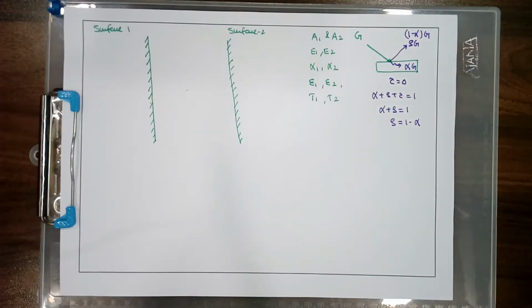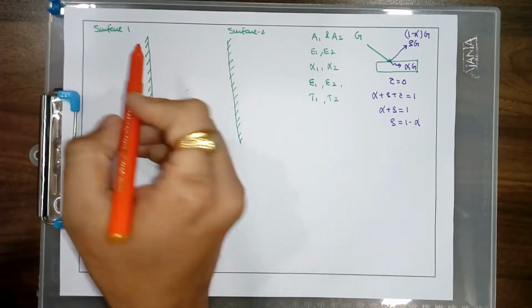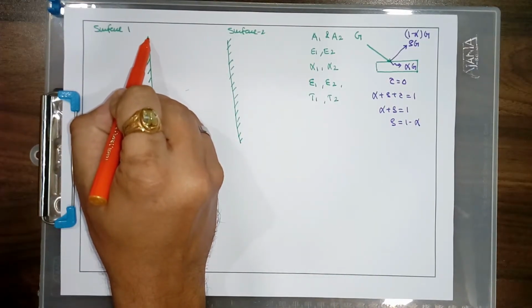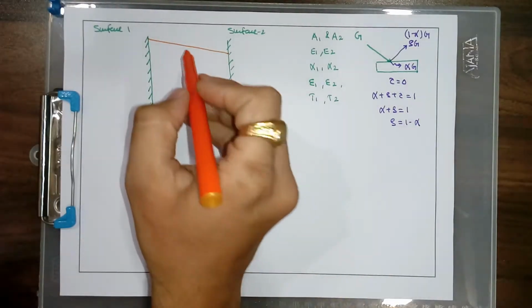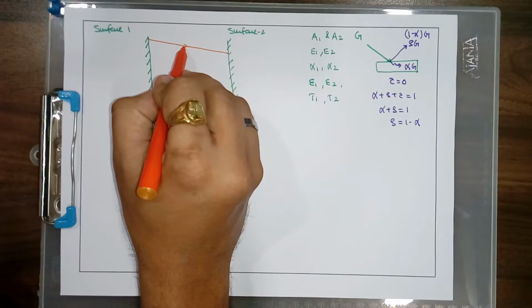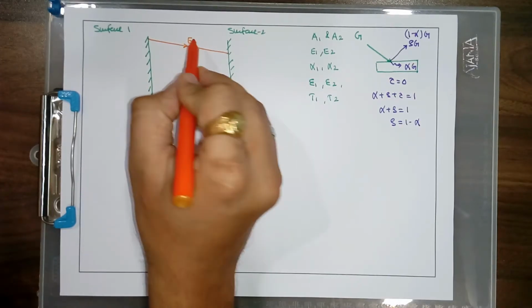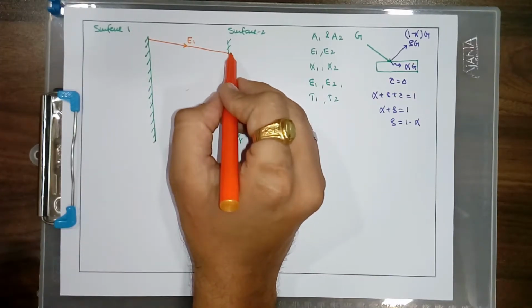The same concept we utilize here. Let's say E1 is the emissive power of surface 1. First, one ray is emitted from surface 1, which moves toward surface 2. This E1 is the incident radiation for surface 2.